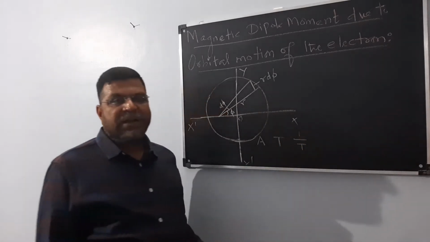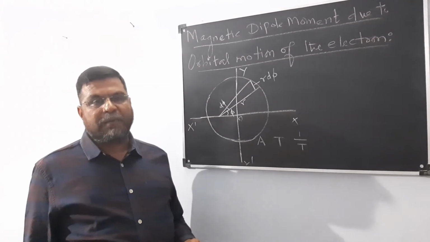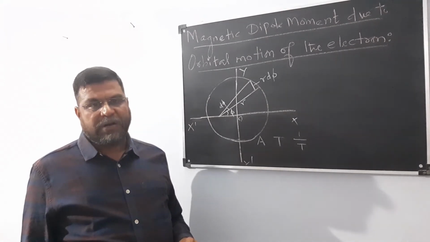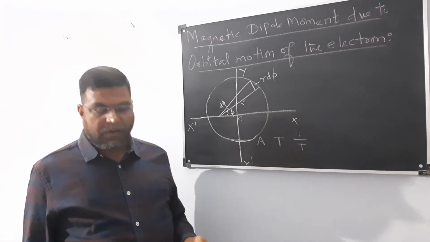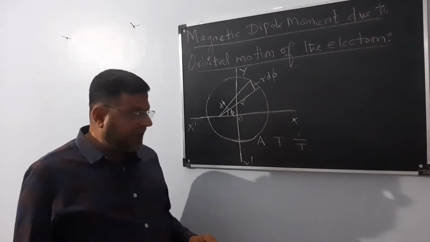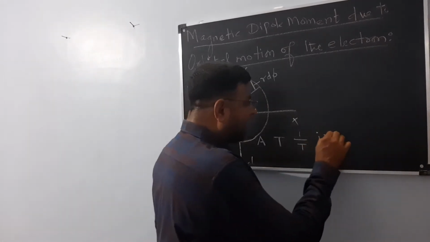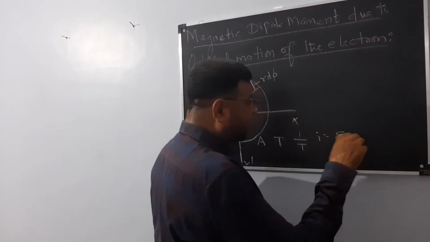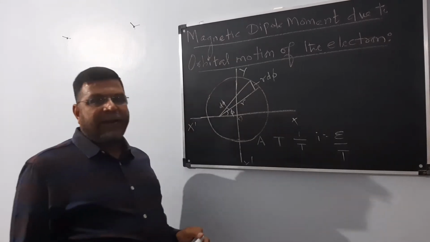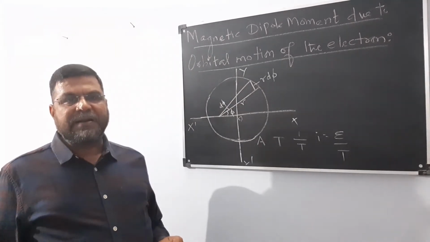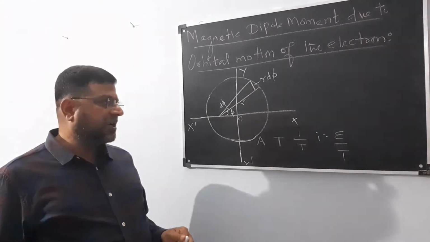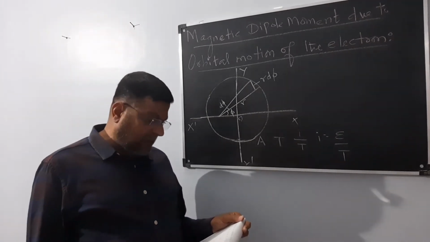That is, frequency is equal to 1 by T, so frequency and time are related. This is equivalent to the flow of current in a circuit. The revolving of an electron around an orbit is equal to the flow of current in a circular motion. I is equal to e by T.